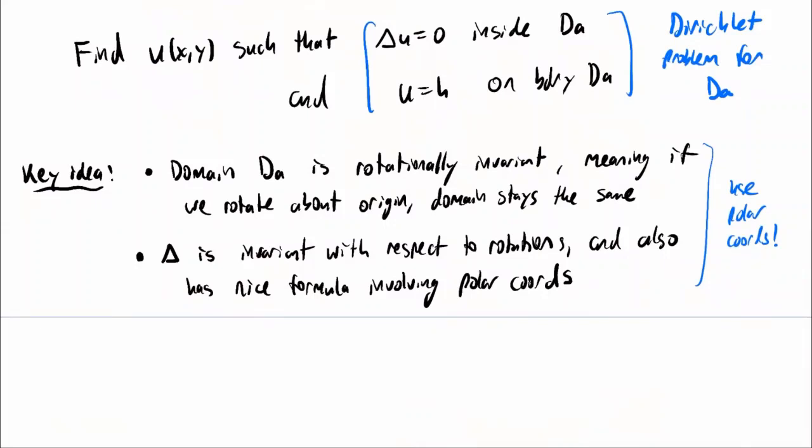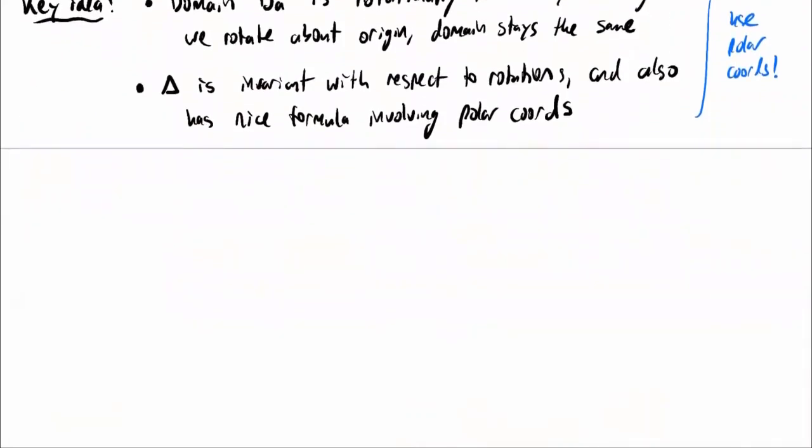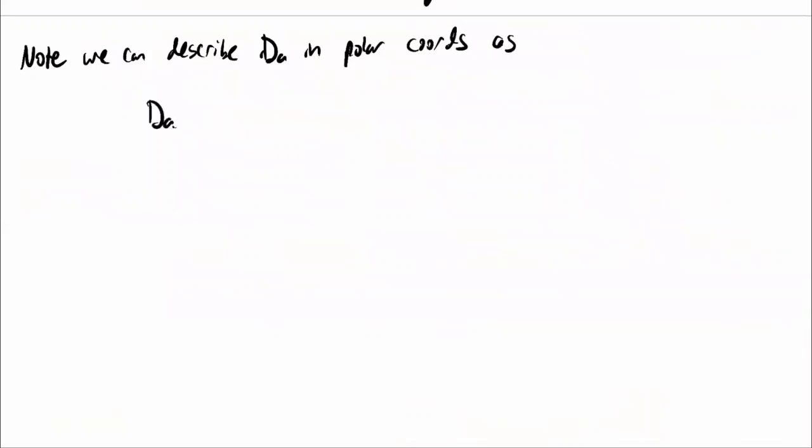And so let me just set up the problem. Right. So note that we can describe the domain D in polar coordinates as well. Well, it's the set of points r comma theta with r between 0 and a, bigger than or equal to 0 and strictly less than a.